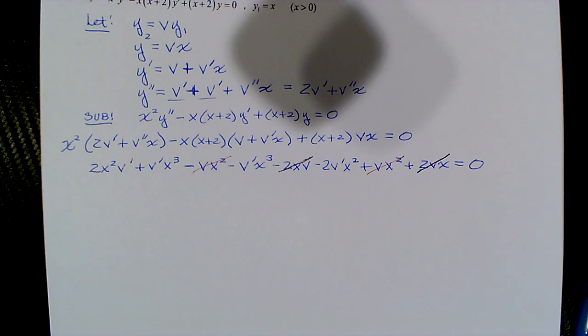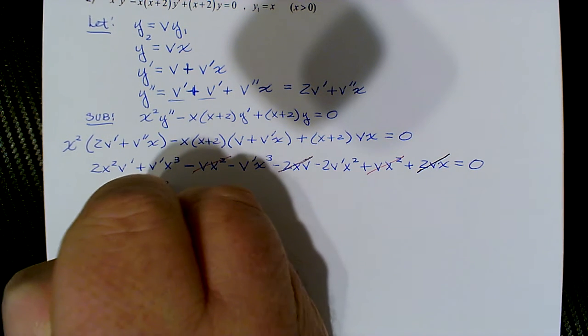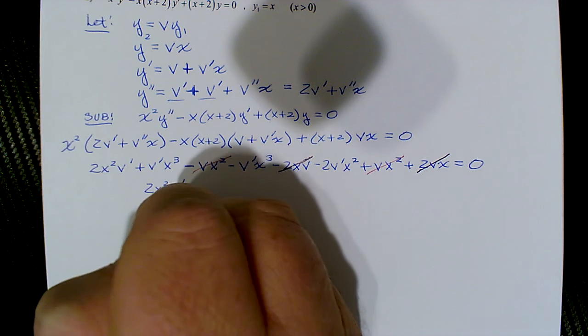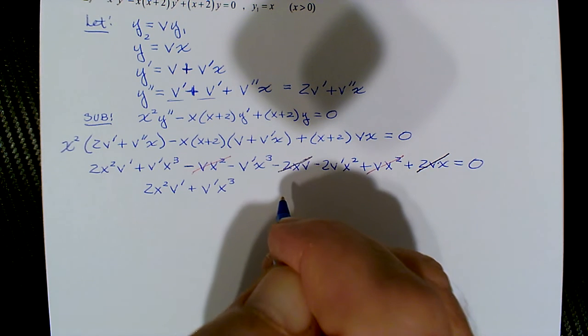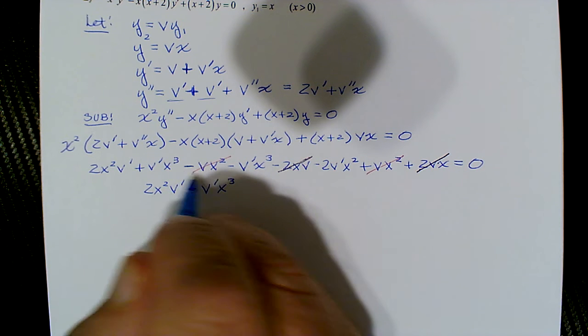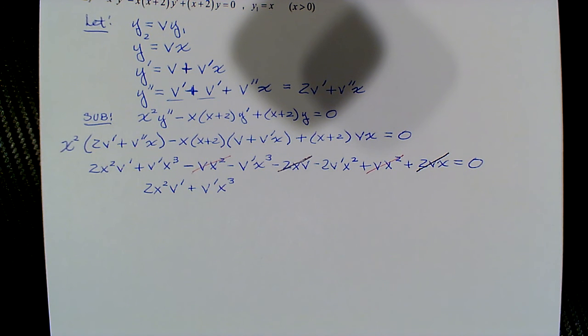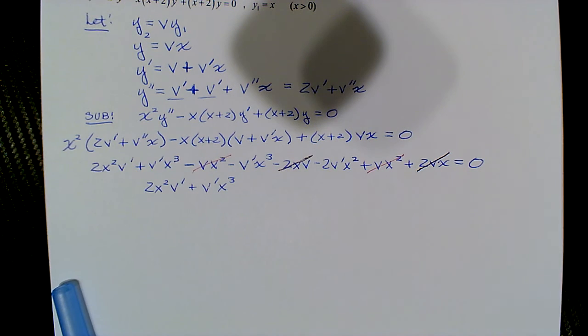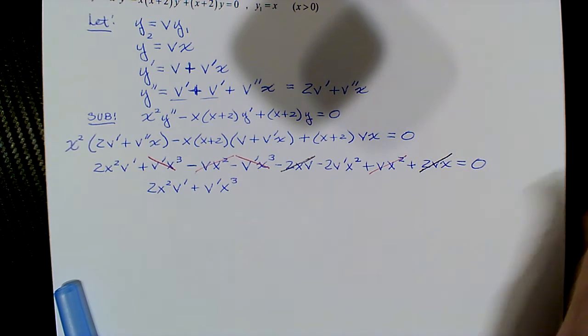So what we're left with then is 2x squared v prime plus v prime x cubed. Well, let's see if we can combine anything else. Actually, the v prime x cubed terms go away as well here. So those are gone.